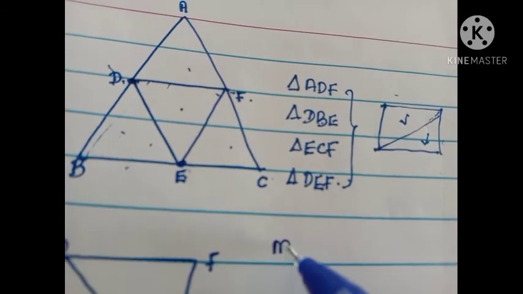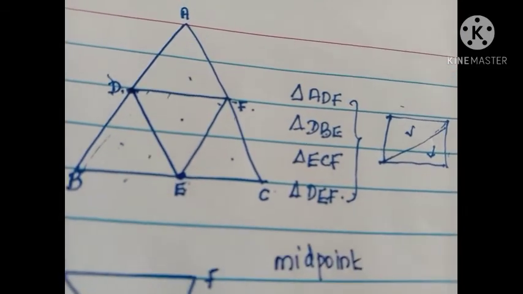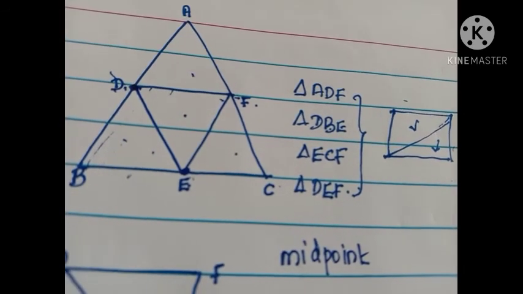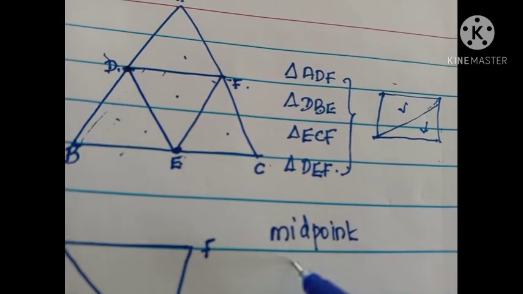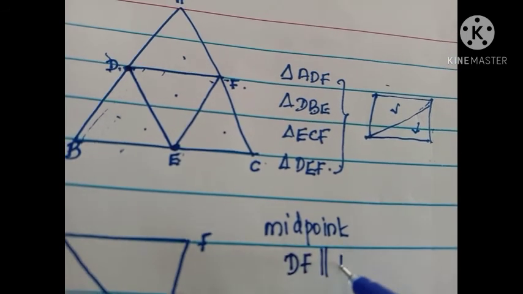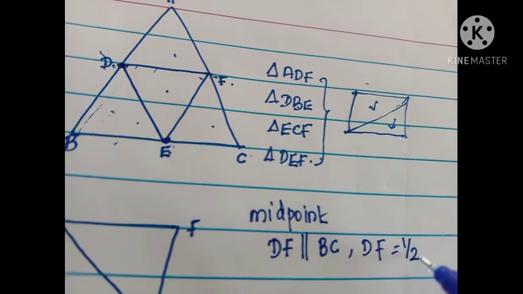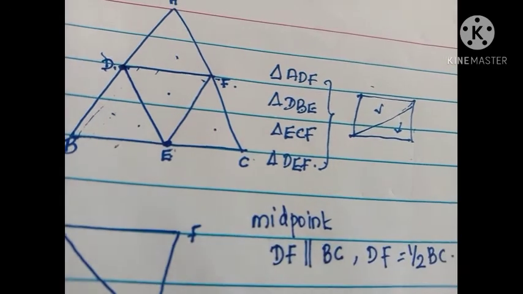So by the midpoint theorem we can say that this line DF is parallel to its third side. What is the third side? BC. DF is parallel to BC and DF is half of BC by the midpoint theorem.